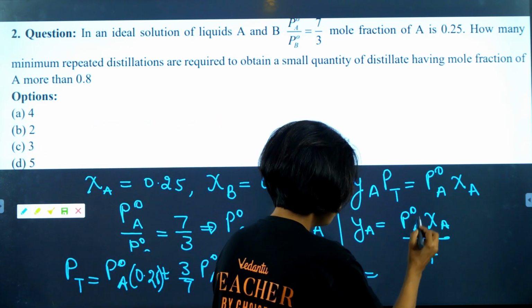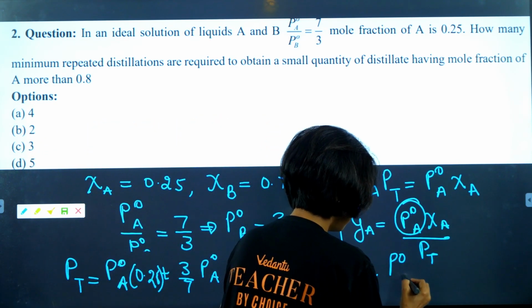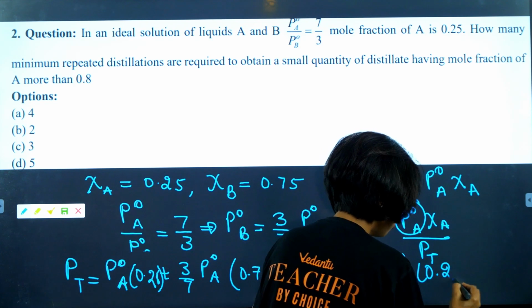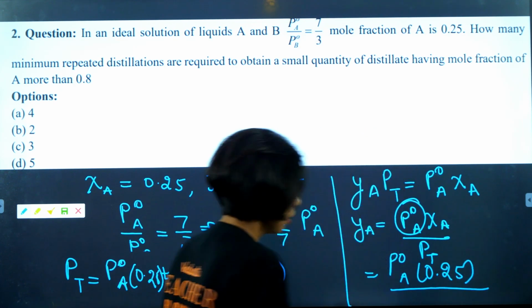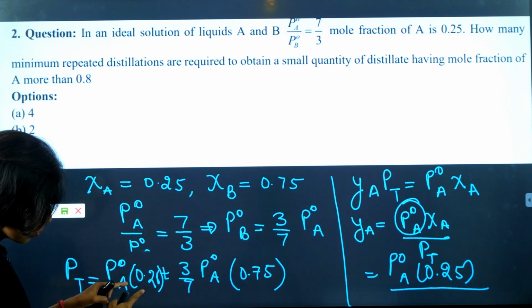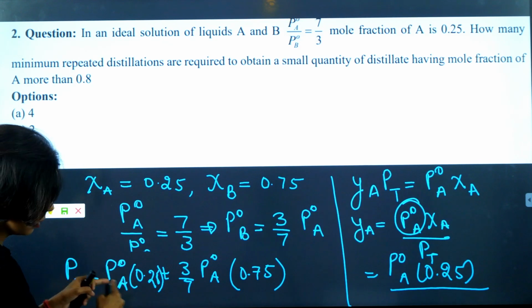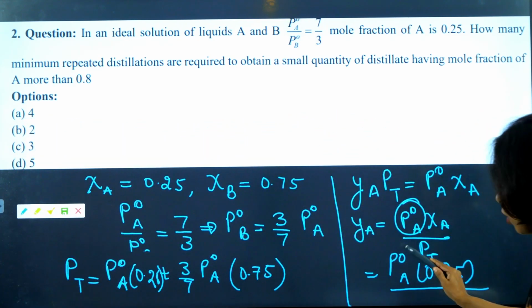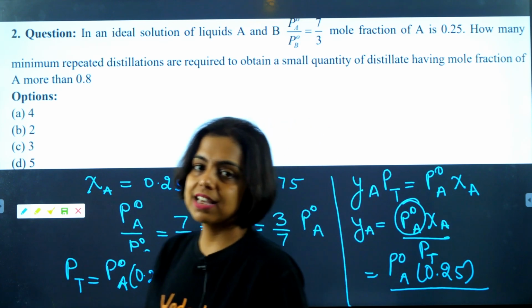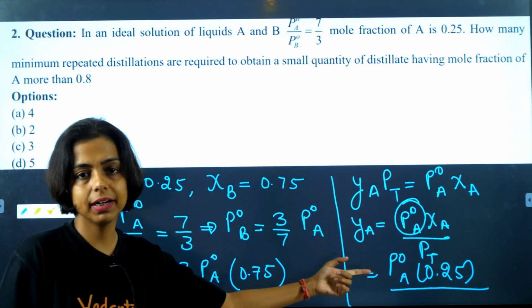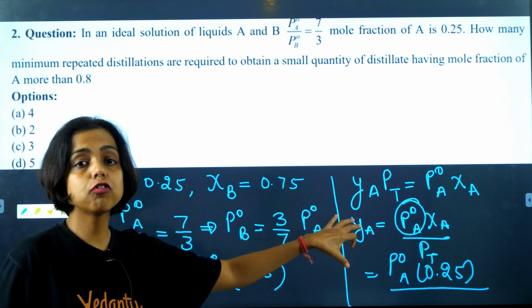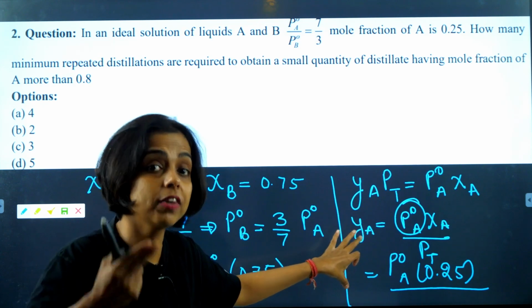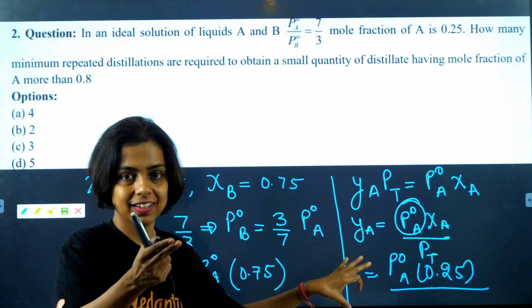XA we already know, P naught A into XA, that is 0.25, upon P total. This expression also contains P naught A, so P naught A from the numerator gets cancelled by P naught A from the denominator, and we will get the value of YA, the mole fraction of A in vapors.